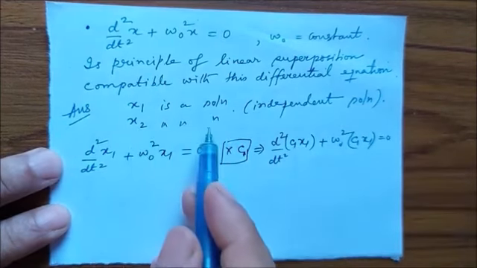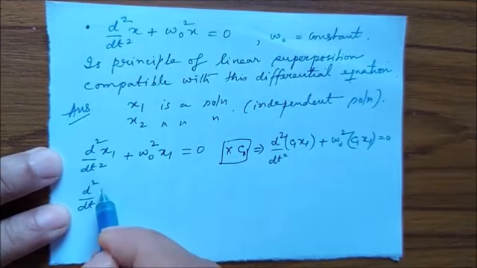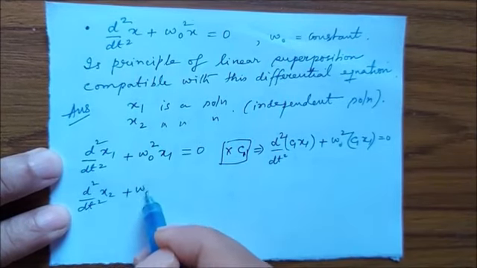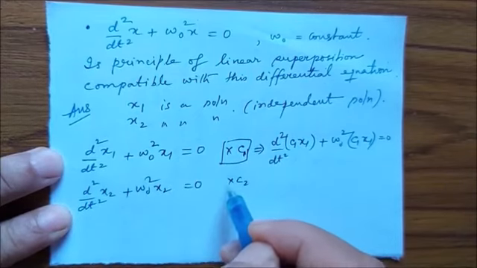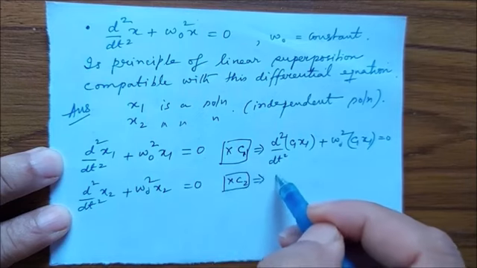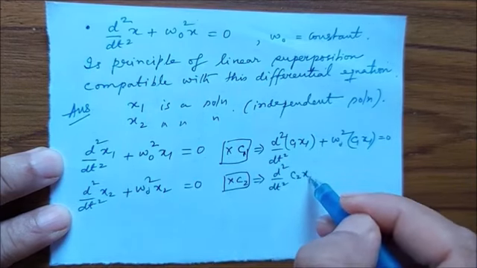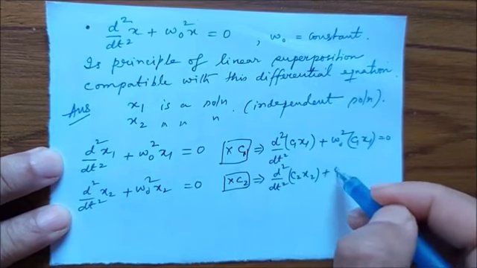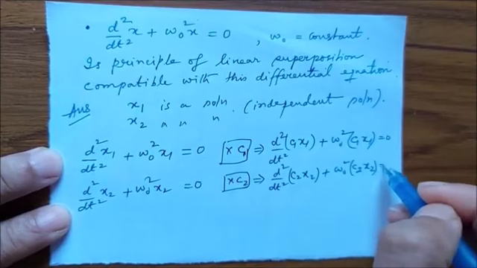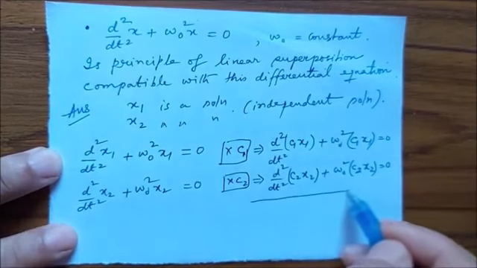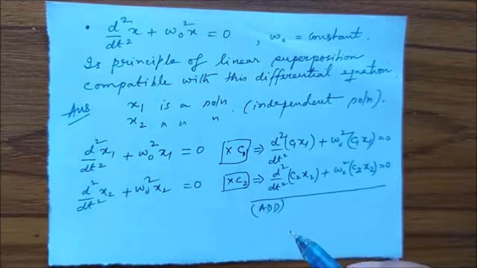And since x2 is another solution, and if we multiply by c2, which is a constant, let us add these two equations.